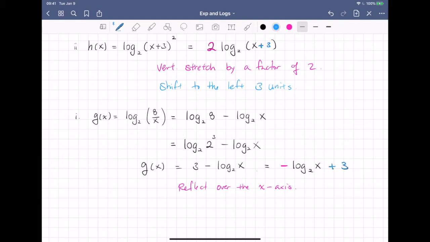Now earlier plus 3 moved it to the left, but this time it's outside of the function, so there's a little, maybe the bracket that I didn't write. So plus 3 is on the outside of the function, so that means it's going to shift up 3 units. There you go.